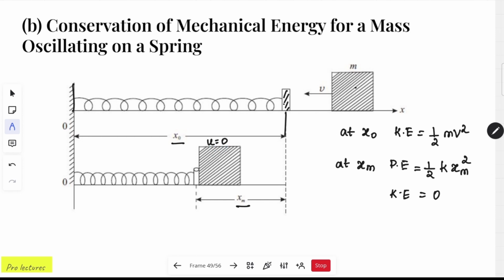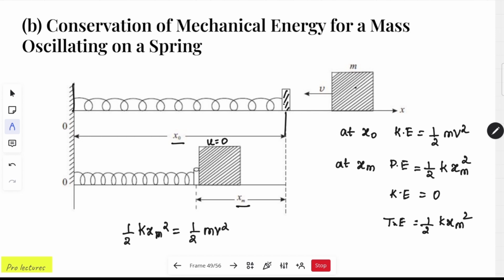So the total energy again is half k xm square. This means that half k xm square is equal to half mv square.